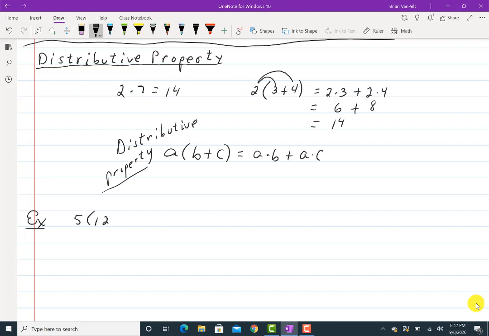So if I want to do 5 times 12 plus 8, you could add the 12 and 8 first, but the distributive property says that you can do this. 5 times 12 plus 5 times 8. And so you'll end up with 60 plus 40 will end up being 100.